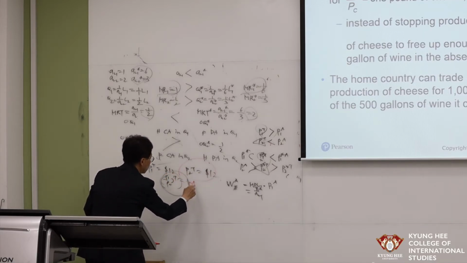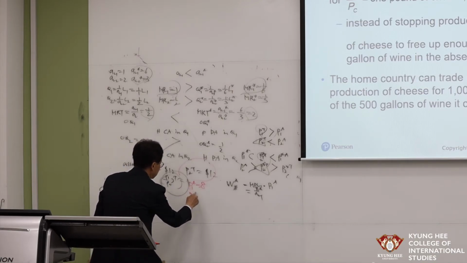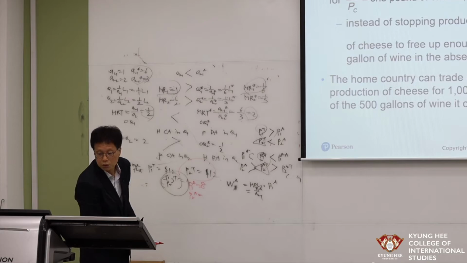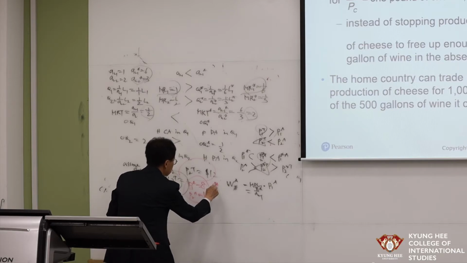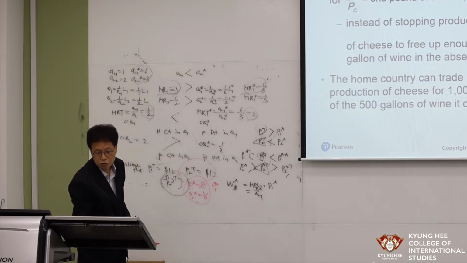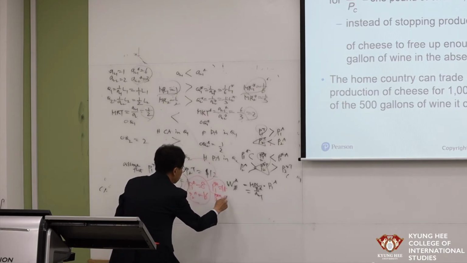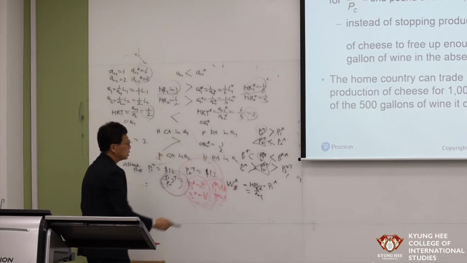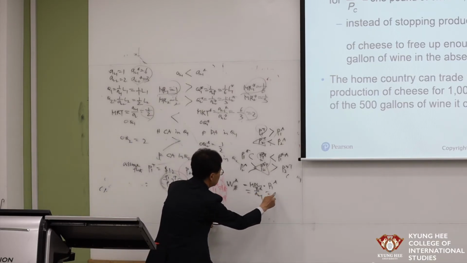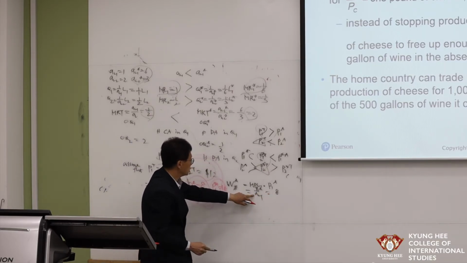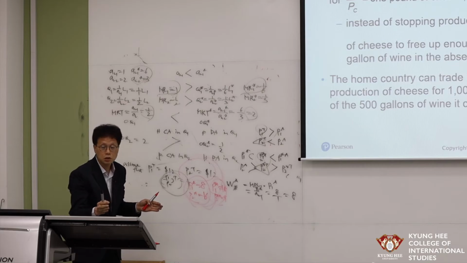Similarly, P1A is $8, P2A is $16, or P1 star A, the foreign autarky price of udon, is $18. P2 star A is $9. We assume this, right? Then we know P1A is $8. AL1 is, what is AL1? AL1 is 1. So the wage rate is $8 in the autarky situation.